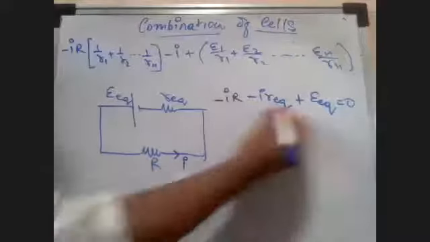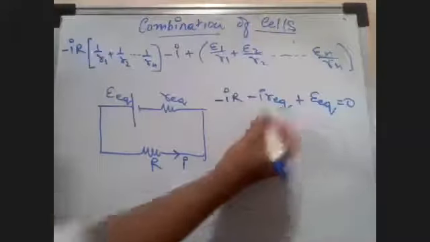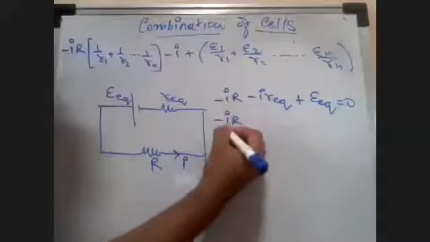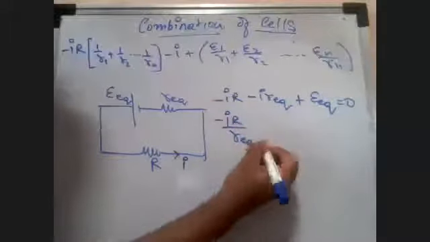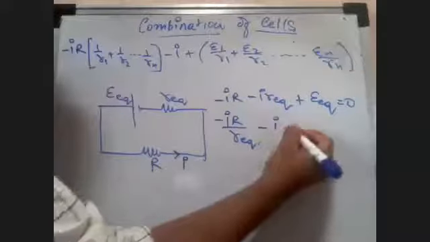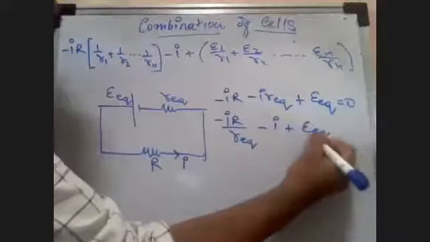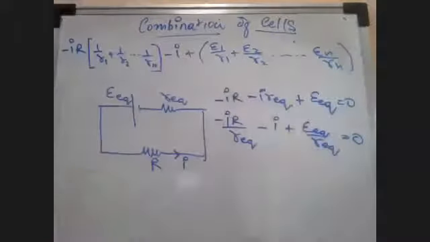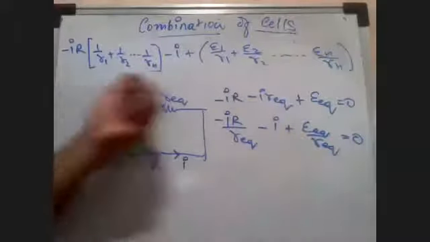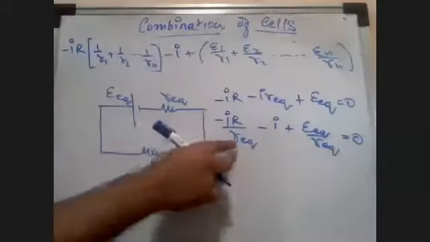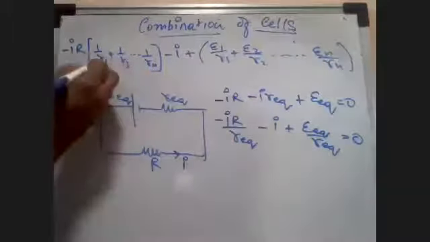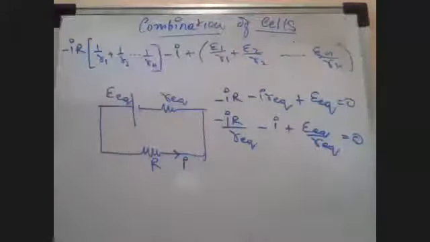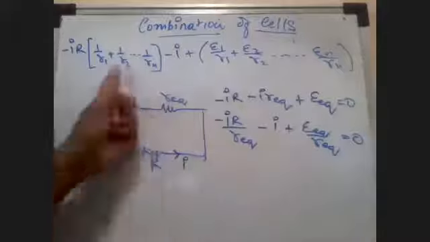You have to divide this equation by R equivalent, just like we divided earlier. What will we get? Minus I times R upon R equivalent, yes or no? Minus I plus epsilon equivalent upon R equivalent equals 0. So if I have this equation here and compare it with the general expression, can I say that 1 upon R equivalent is basically 1 upon R1 plus 1 upon R2 plus 1 upon Rn? Yes or no? Can I say that, comparing these two equations?